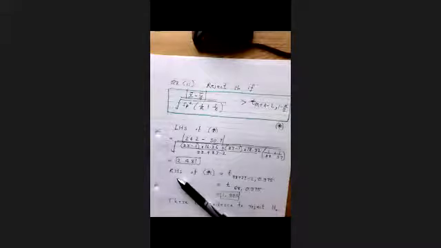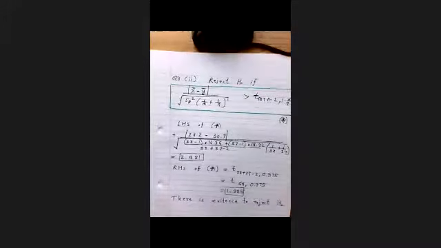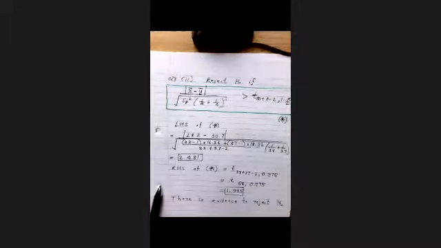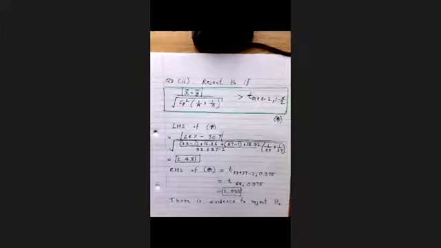So this is the right-hand side, this is the left-hand side, and since the left is greater than the right-hand side, the conclusion is that there is evidence to reject the null hypothesis. Are you okay with this or not? Tell me.